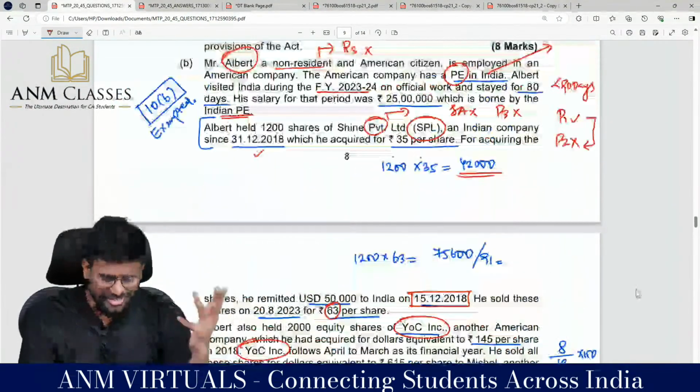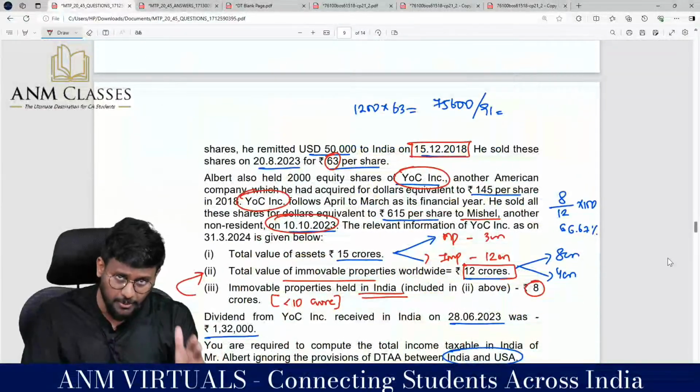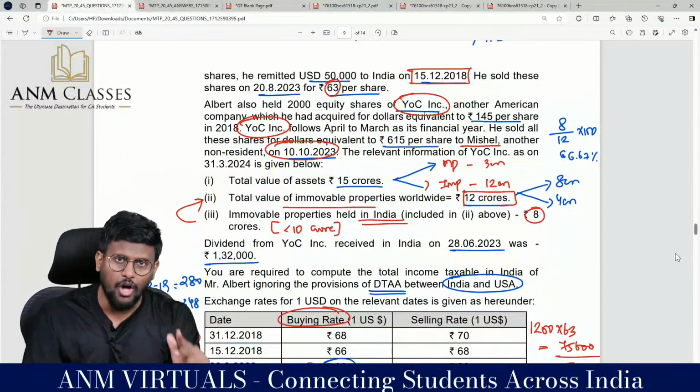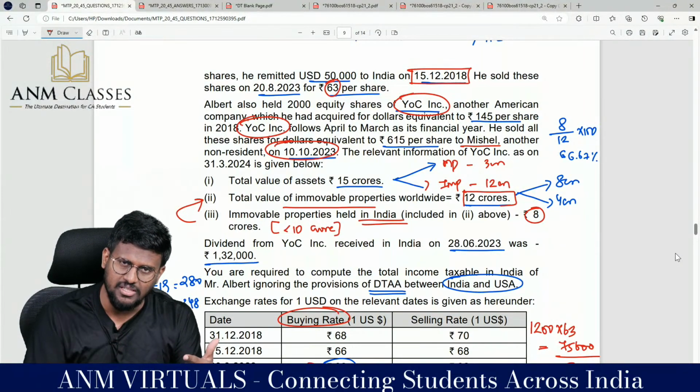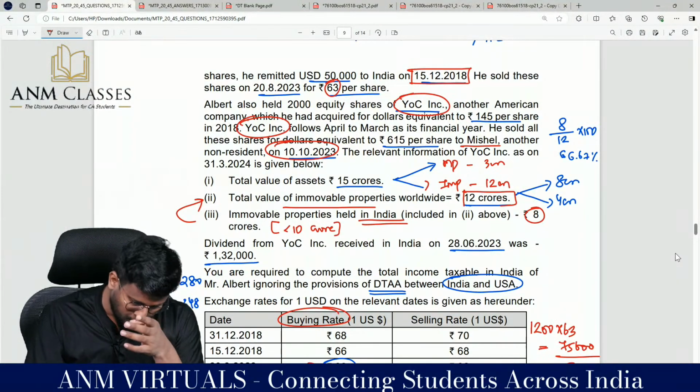Fantastic to the core. Salary taxable, Indian company share taxable after applying proviso number 1, foreign company share by applying explanation number 6 to section 9(1)(i), it is not taxable.